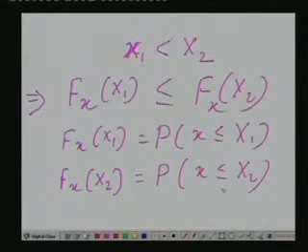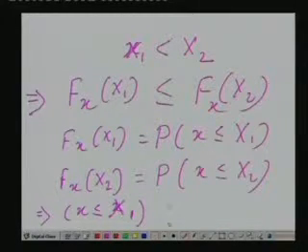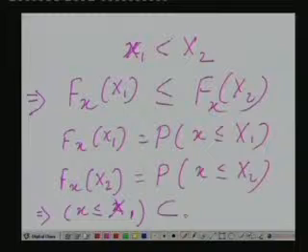But you see, you have given me x1 less than or equal to x2, which means this set is actually contained, or maybe the same, in this set.